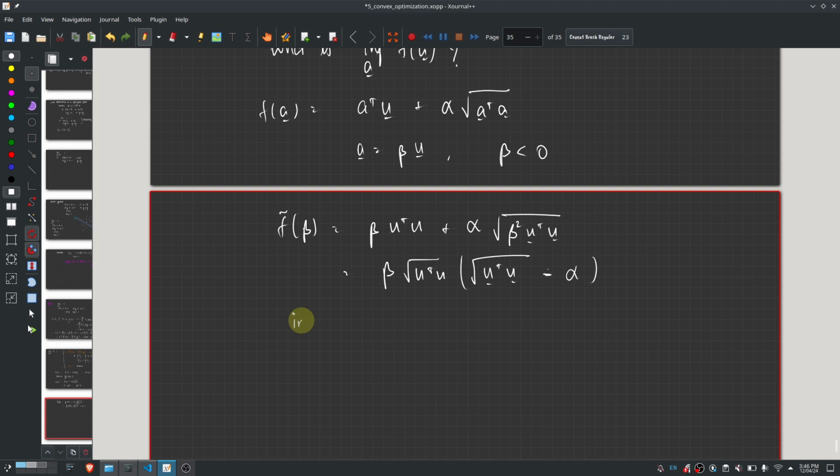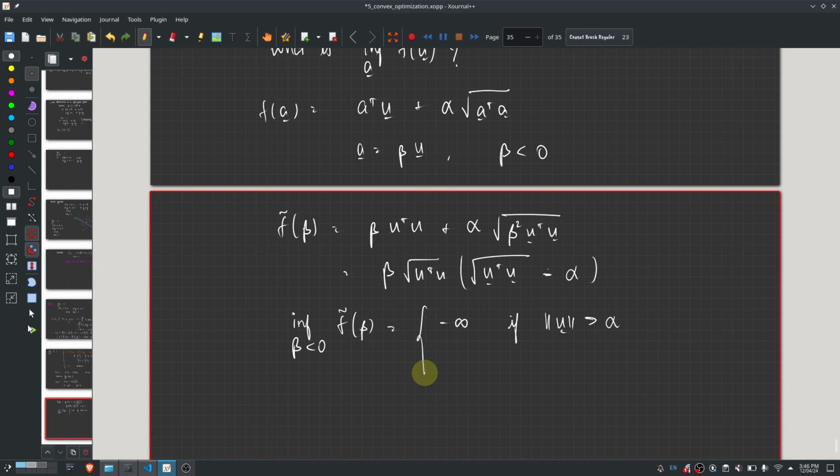So the infimum over all beta less than 0 of f tilde of beta is equal to minus infinity if the norm of u is strictly greater than alpha, and if not, it is zero.